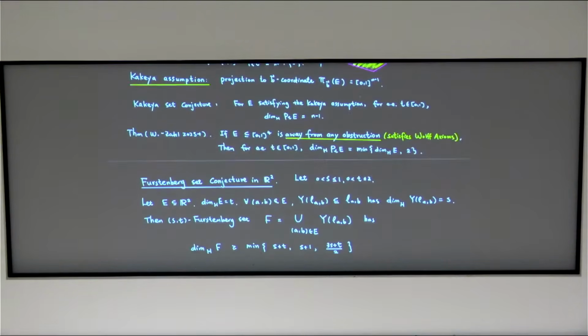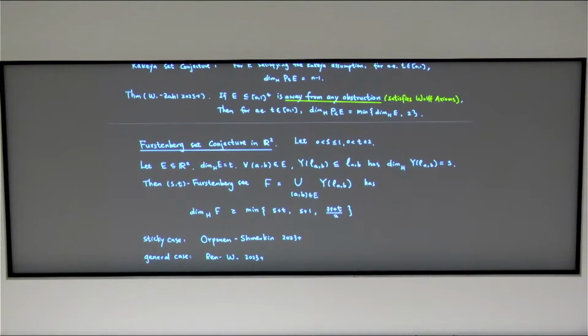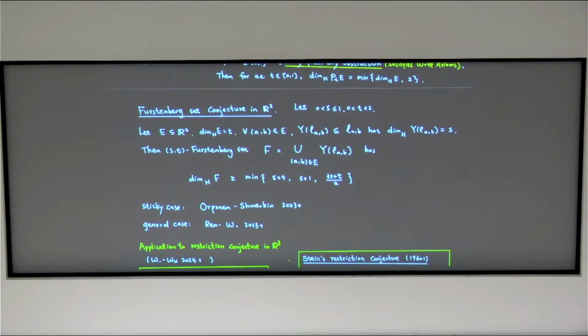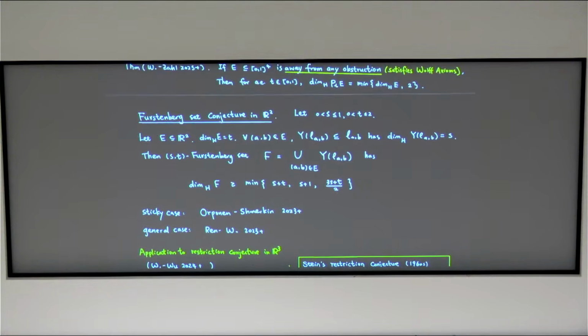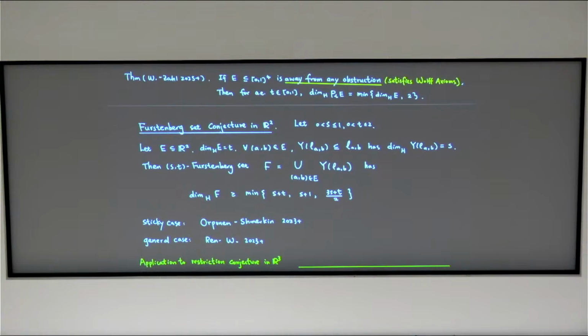And for the last topic, we are going to say how projection theorems can be applied to study Stein's restriction conjecture. So there is this Furstenberg set conjecture in the plane, which is more general than the Kakeya conjecture. Here it is only in the plane, but one could also ask the Furstenberg set conjecture in all dimensions.